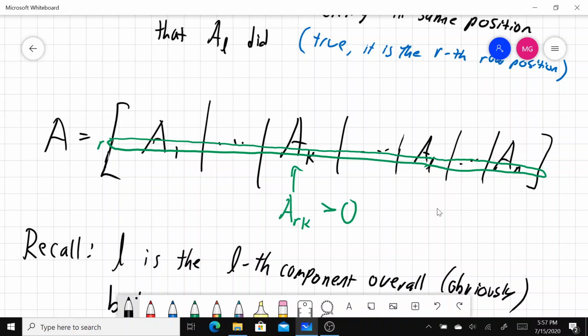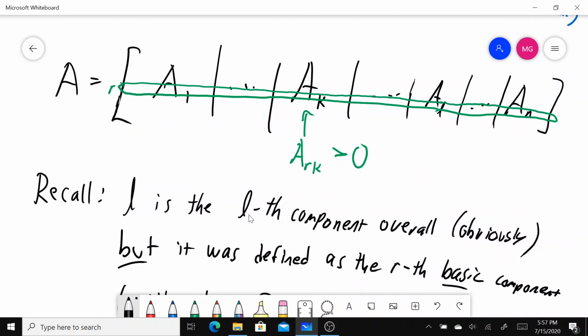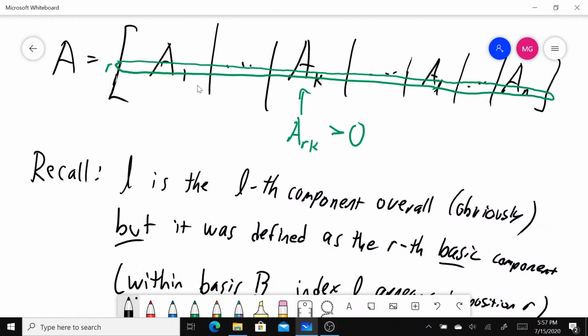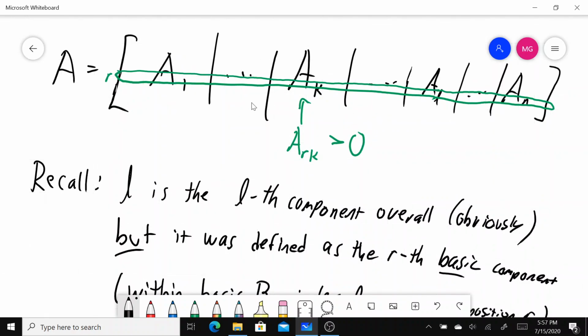Now, why is that true? L is the Lth component of the overall set of indices 1 to n, but amongst the basic indices, it was the rth one, and it was part of the identity matrix. Again, if I'm counting amongst the basic indices, where the basis I'm talking about is B, not B prime, remember, we counted amongst the green circled components in that prior picture.